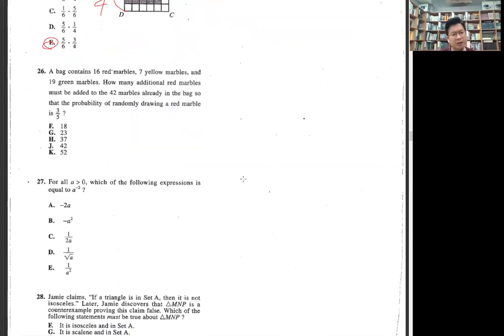A bag contains 16 red marbles, 7 yellow, and 19 green. How many additional red marbles must be added to the 42 already in the bag so that the probability of drawing red is this much? So red so far is 16 over 42, but you're adding another red, then 3 over 5 is what we're looking for.